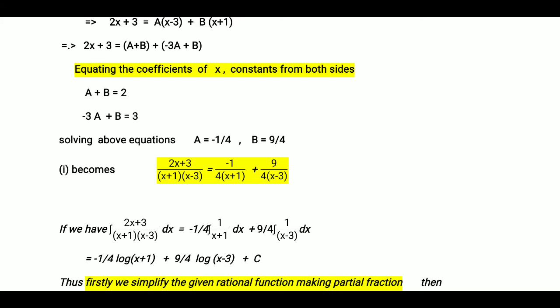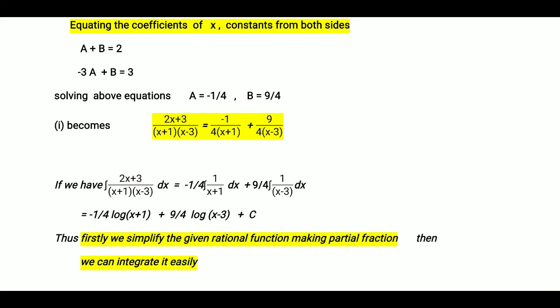If we are asked the integration of this function, then we can integrate it like this: integration of (2x + 3) upon (x + 1)(x − 3) dx will be equal to, constants come out, −1 by 4 integration of 1 upon (x + 1) dx, plus 9 by 4 integration of 1 upon (x − 3) dx. So the constant will be there, −1 by 4, and the integration of 1 upon (x + 1) will be log|x + 1|, plus 9 by 4 into log|x − 3|, plus C.